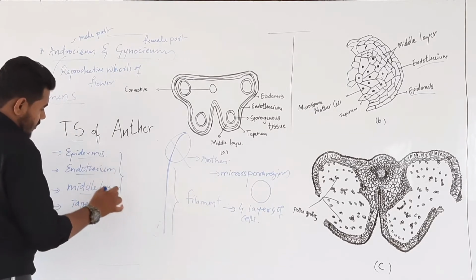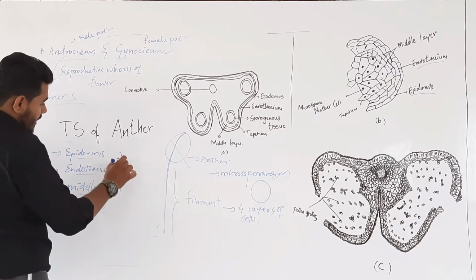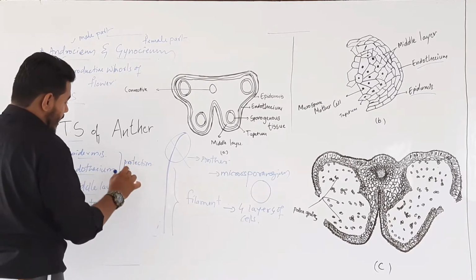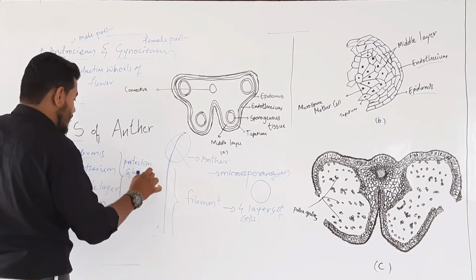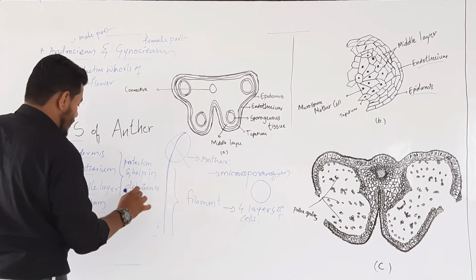Out of these 4, epidermis, endothecium and middle layer have a protection function and help in dehiscence of anther.